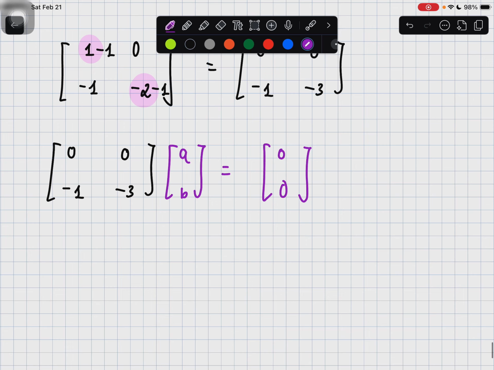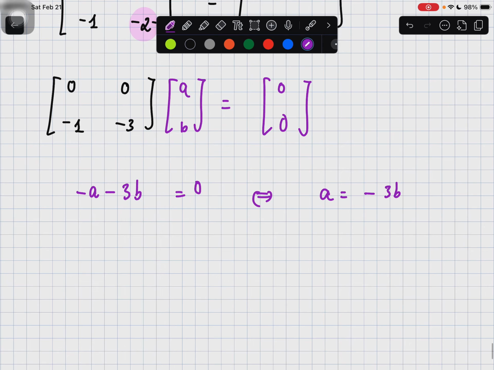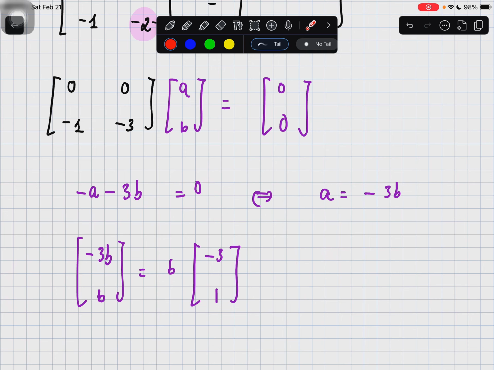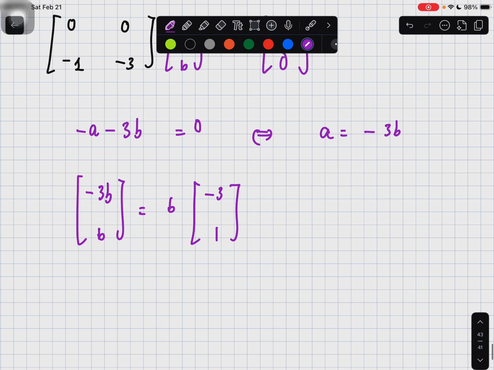Then you have minus a minus 3b equals 0, so a equals minus 3b. So any vector of the form (minus 3b, b), non-zero, so (minus 3, 1), as long as it is a non-zero vector, will be an eigenvector corresponding to lambda 1 equal to 1. So choose v1 to be the vector (minus 3, 1).